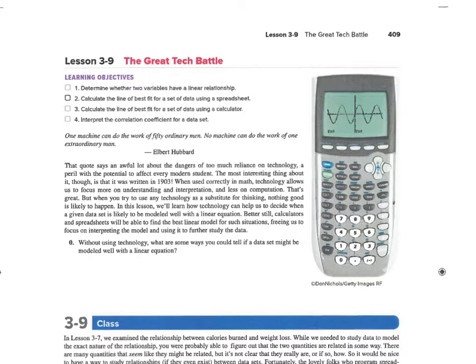And then interpret the correlation coefficient for a data set. This correlation coefficient is basically going to tell us how well the line that we come up with actually models the data. Okay, so more on that later.